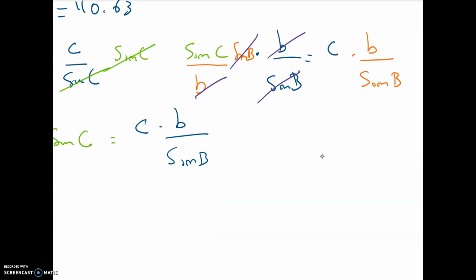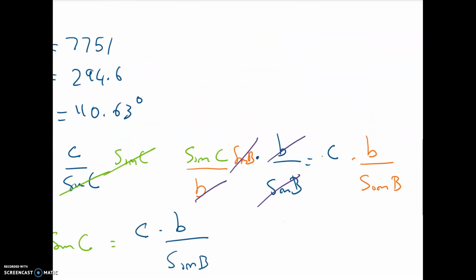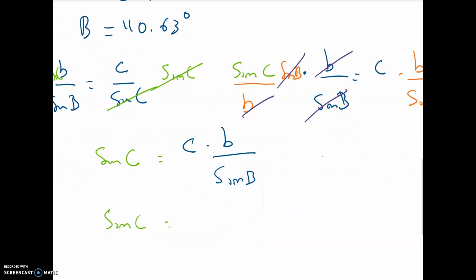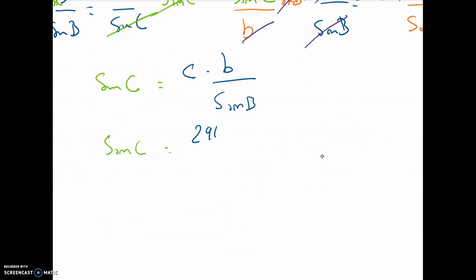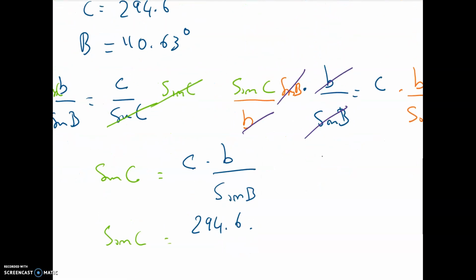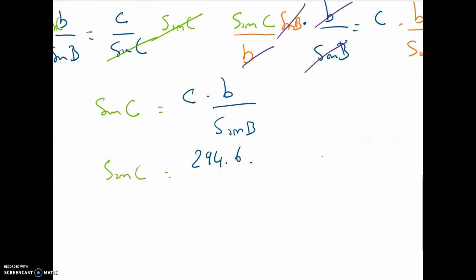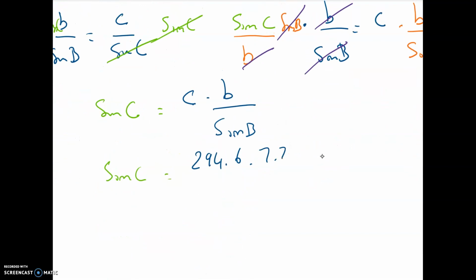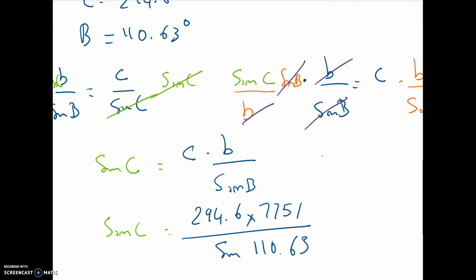Therefore, if I'm looking for the expression of sine C, I'm going to have for c, 294.6 multiplied by 7,751 divided by the sine of 110.63.